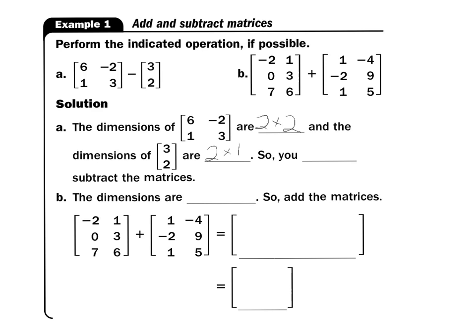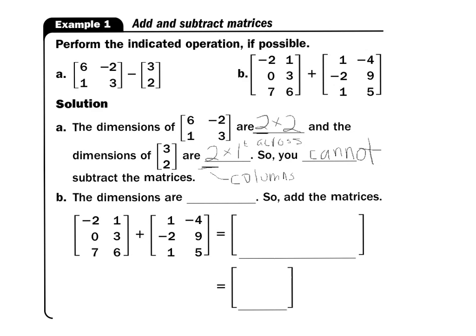I must have flipped this. So the first number is the number of your columns. I'm sorry that I got that wrong before. And this is the number of rows across. Anyway, these dimensions are not the same, so you cannot do anything with it. You can't subtract them.